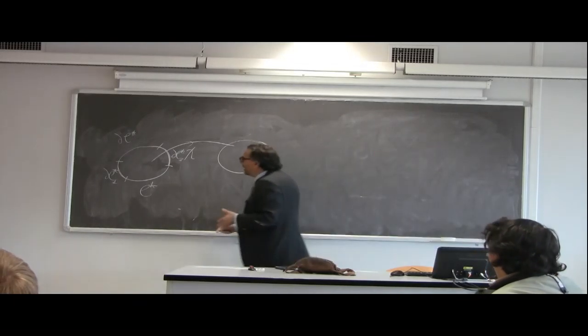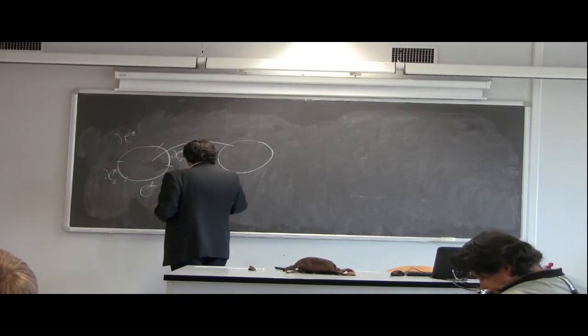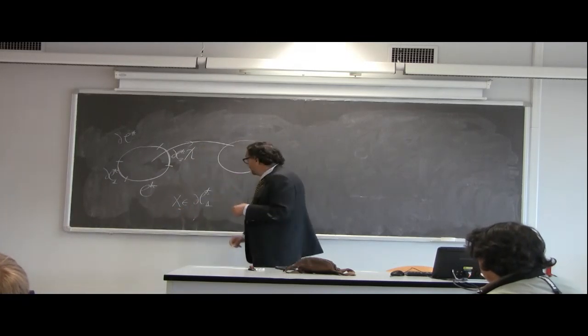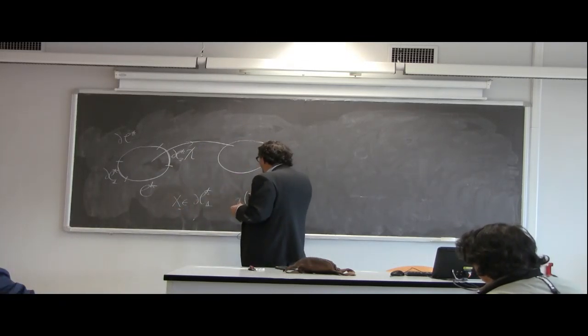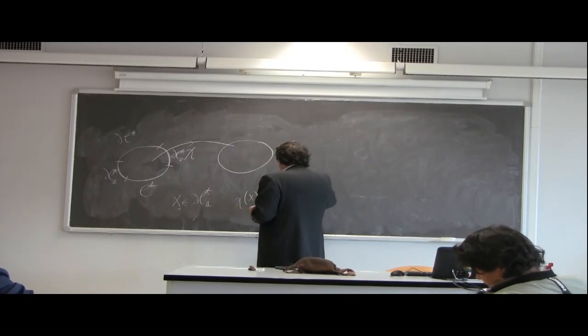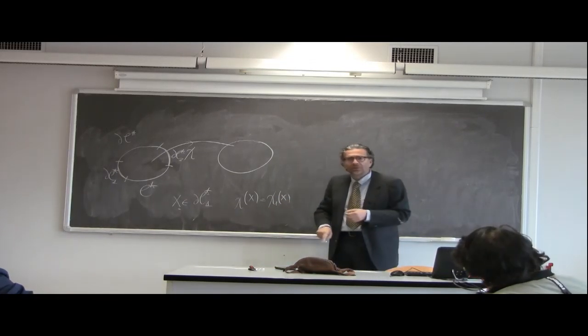So if x belongs to ∂C star 1, the placement of x is given by K1 of x, and this is a known, given function.